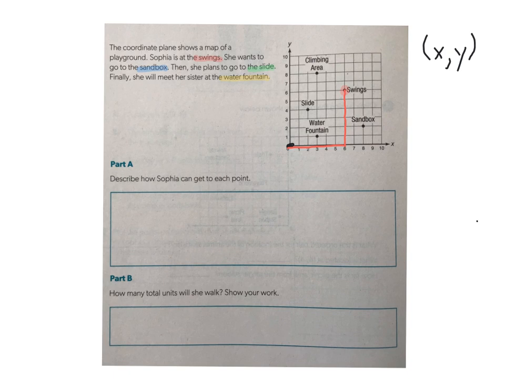So if I do 6 on the x-axis and then 6 on the y-axis, it gives me an ordered pair of 6, 6. Next, I'm going to look at the sandbox, which is right here. I notice that I have to move 8 on the x-axis and 2 on the y-axis, which gives me an ordered pair of 8, 2.